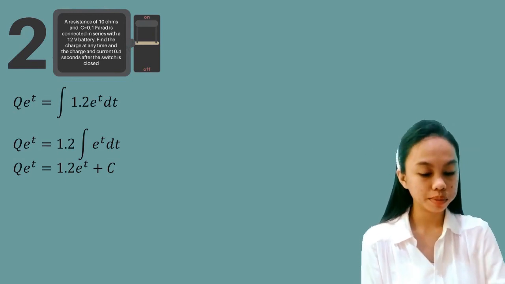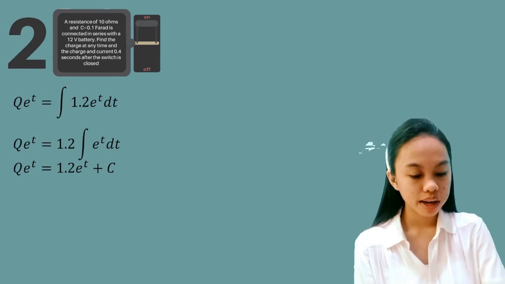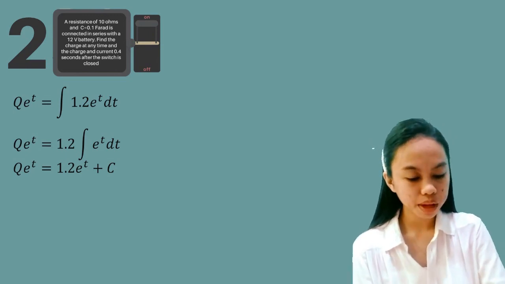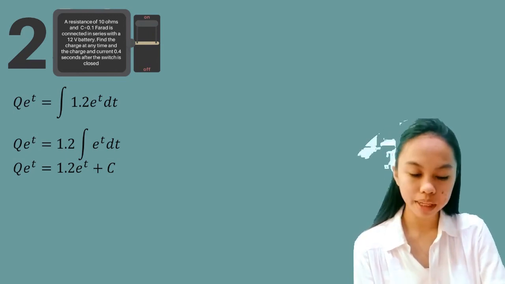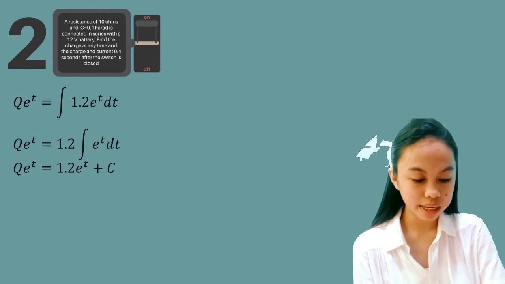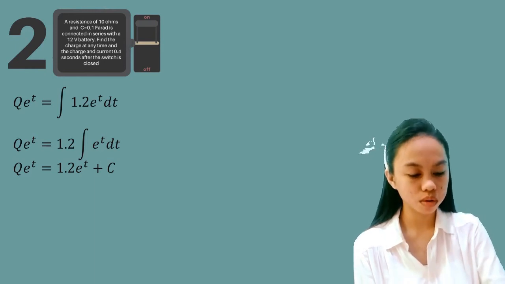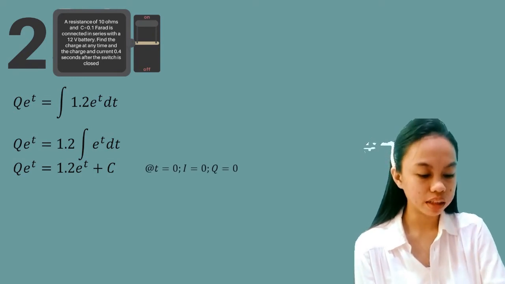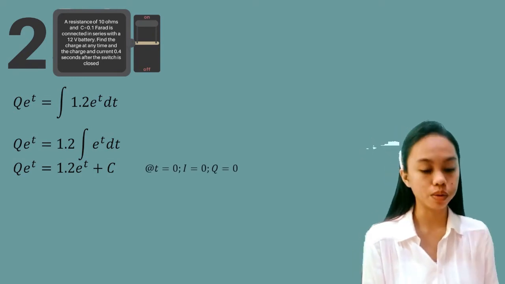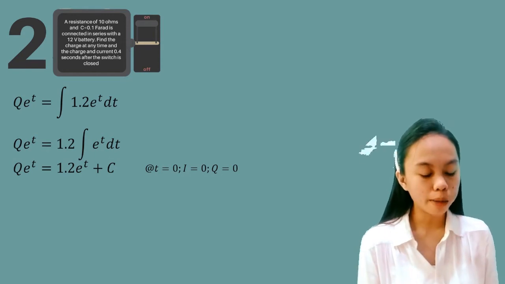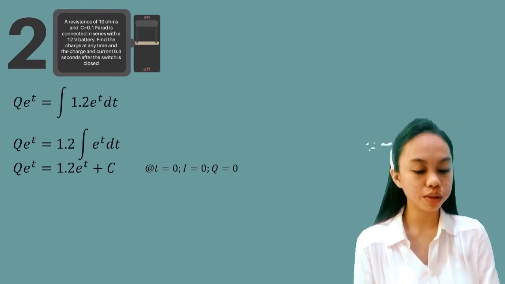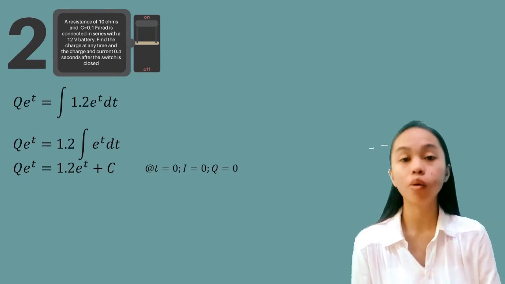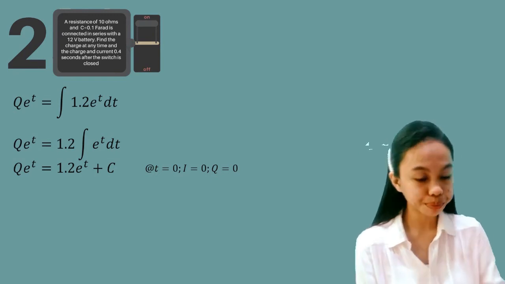We will assume that at t equals 0, I equals 0, and definitely the charge is equal to 0 also. So we substitute the values that we assumed into our partial general solution.